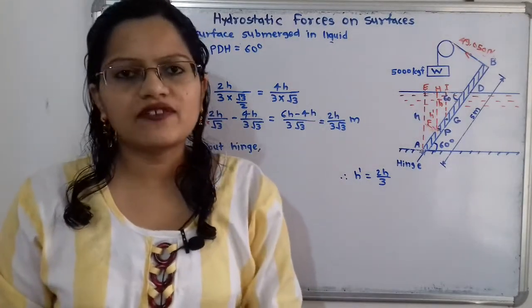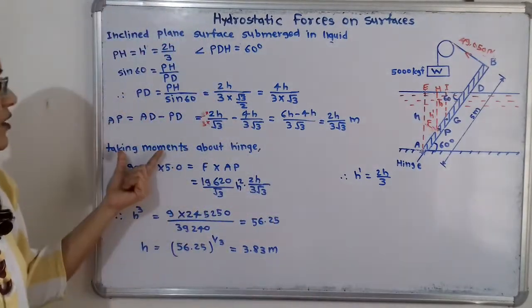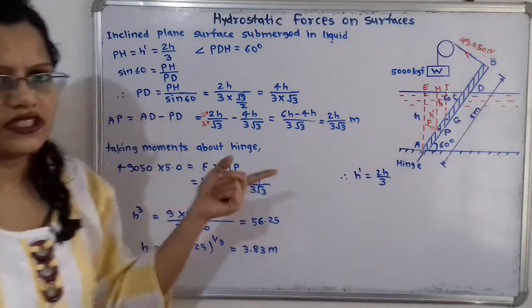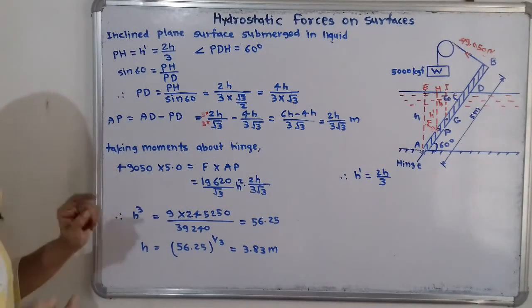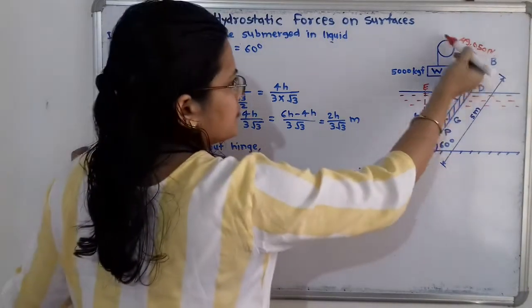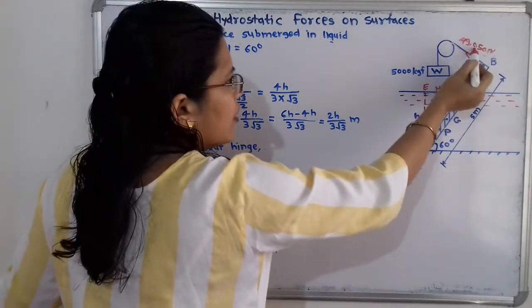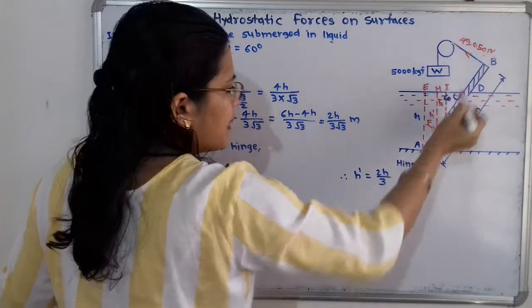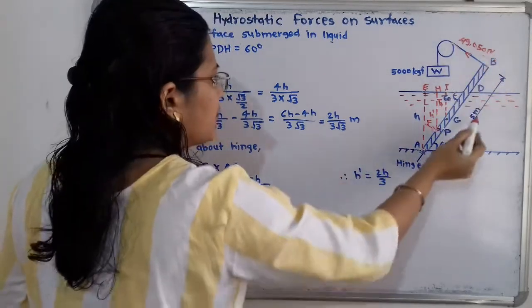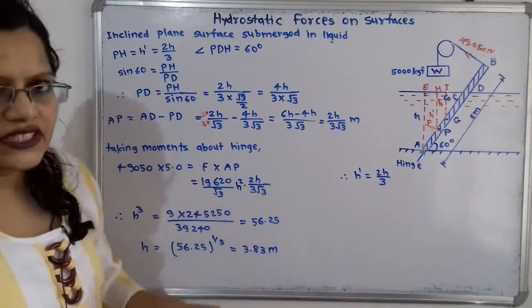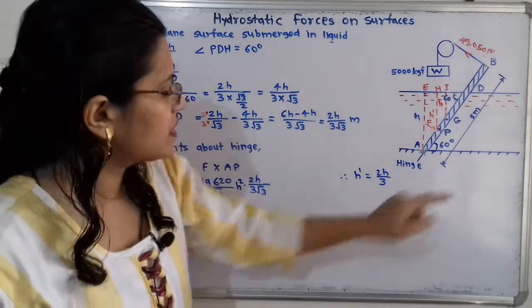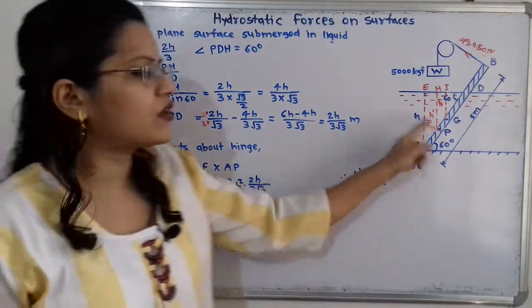So now it is easy for us to take the moments. So taking moments about the hinge, that is about the point A. So here is the force in the upward direction. So I will take 49,050 multiplied by this distance AB, which is equal to 5. Which is equal to, now this force F is in the downward direction. So what is the value of this force F?